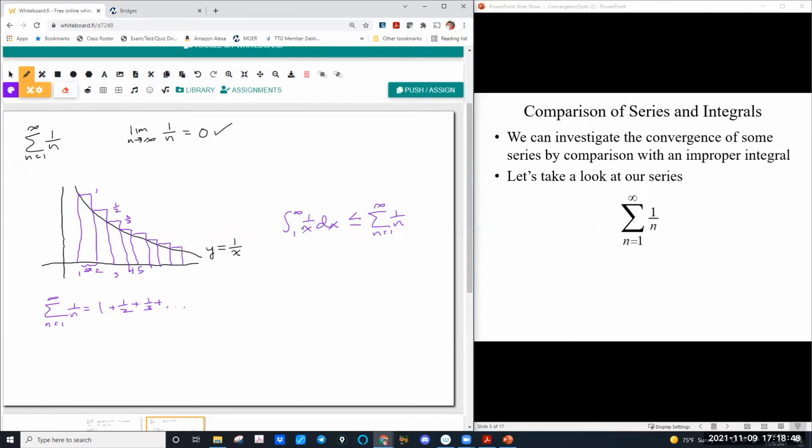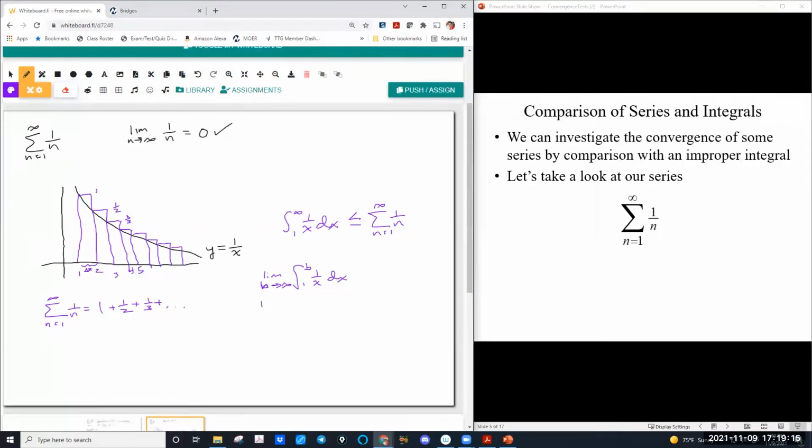Now, I know it's been a while since we've done this improper integral, so we'll do it today just for some practice, but this is a divergent integral. And just as a reminder, what we do is we do the limit as b goes to infinity of the now proper integral from 1 to b of 1 over x dx.